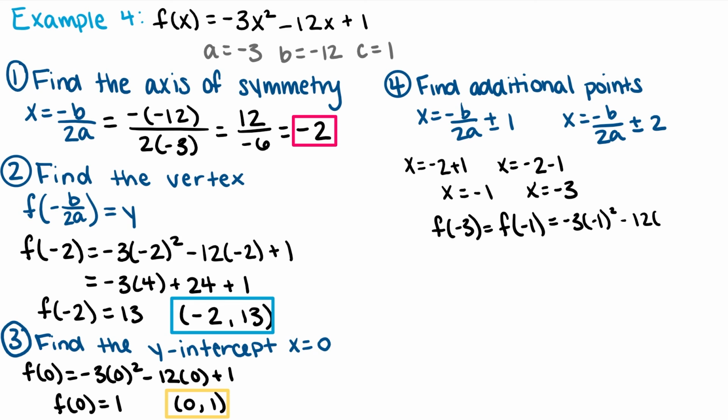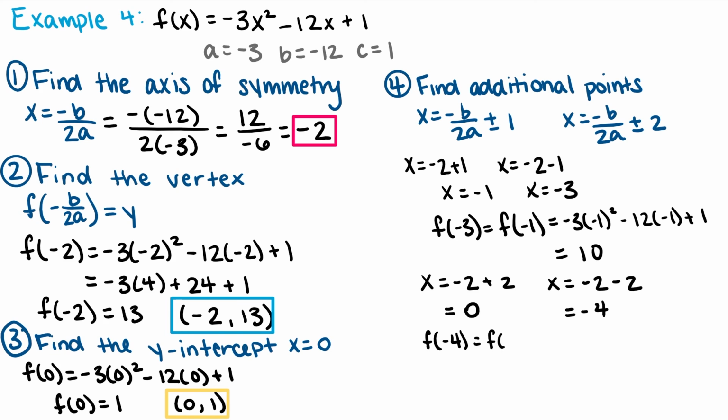X equals -1 and x equals 3, which gives us 10. And x equals 0 and x equals -4, which gives us 1. So now we have 4 additional points to plot.